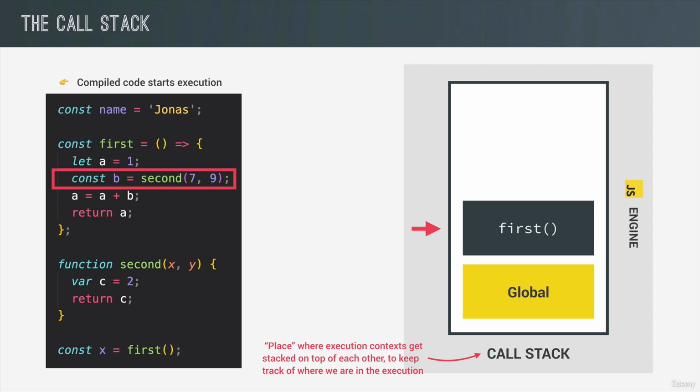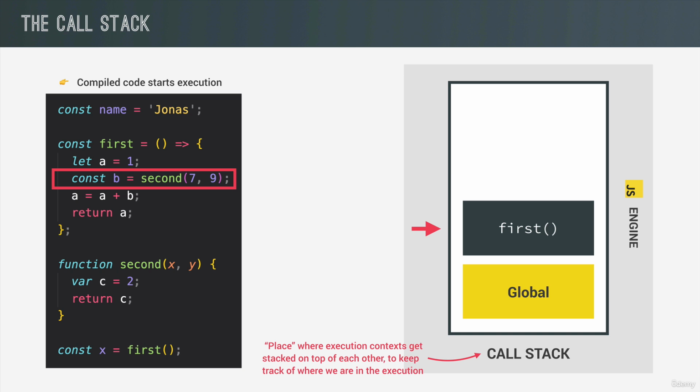And I hope that by now you start to see how the call stack really keeps track of the order of execution here. Without the call stack, how would the engine know which function was being executed before? It wouldn't know where to go back to, right? And that's the beauty of the call stack. It makes this process almost effortless.